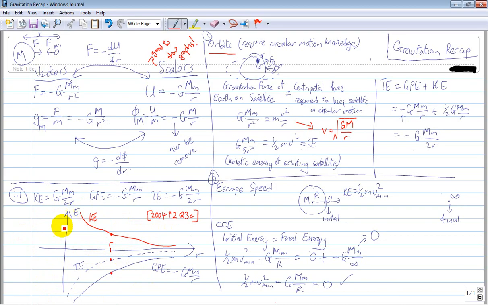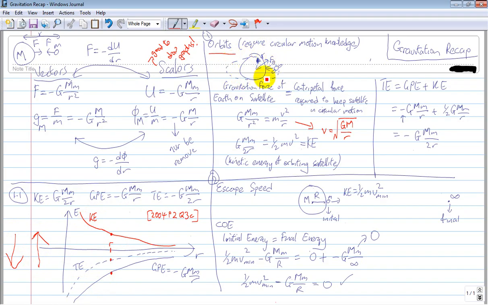Whenever I look at energy graphs, if I go down the y-axis, my energy decreases. If I go up, my energy increases. It's that simple. I don't have to care whether I'm in this region or this region, it's the same.